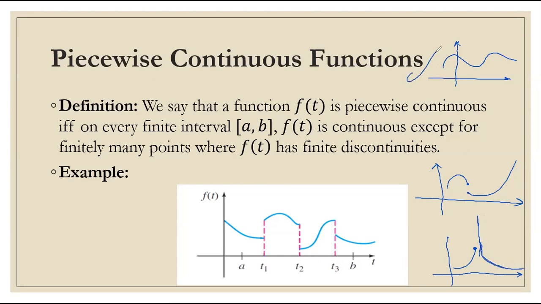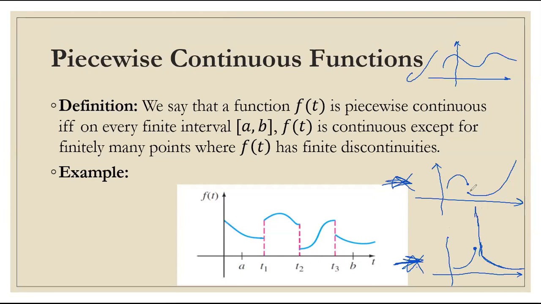So this function is continuous. This function isn't continuous. This function isn't continuous. I'm not sure if any of you know the difference between this and this. Both of them are not continuous at one point. But notice this one goes to infinity.